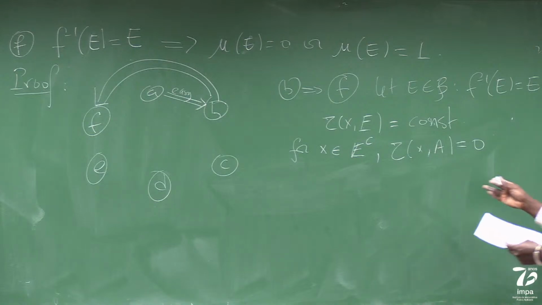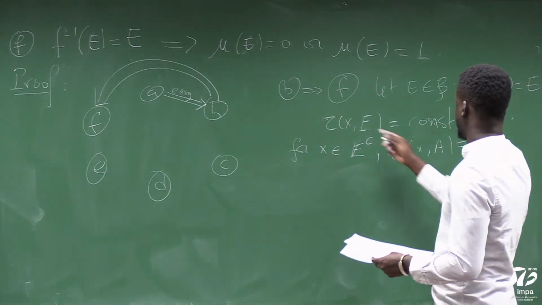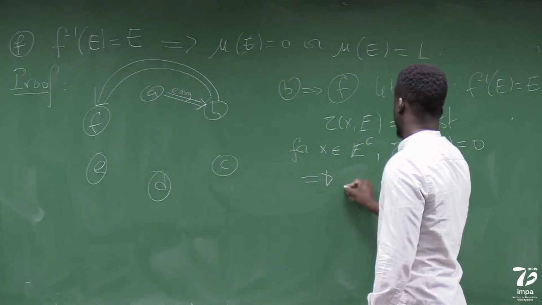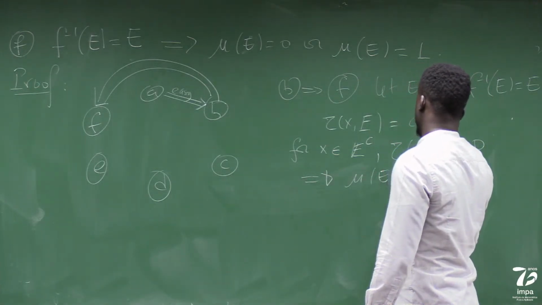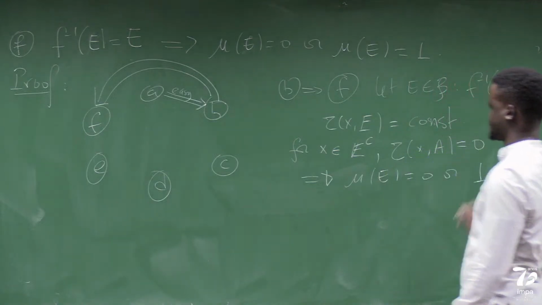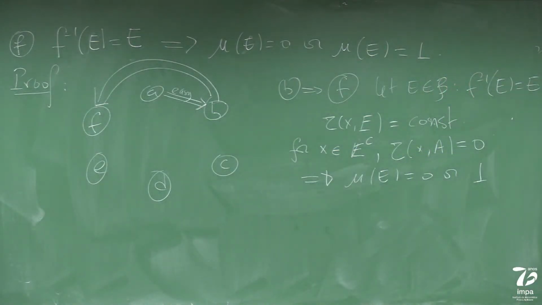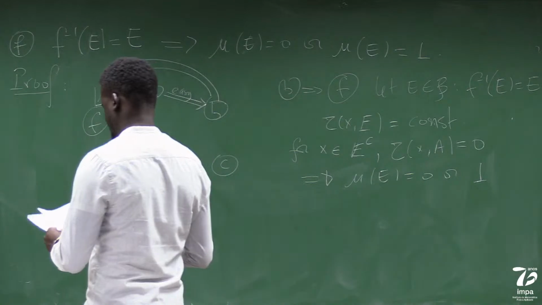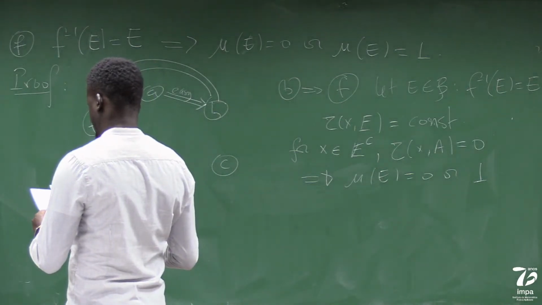Okay. So since this is constant, this implies that mu of E is 0 or 1. Yeah, this is easy.